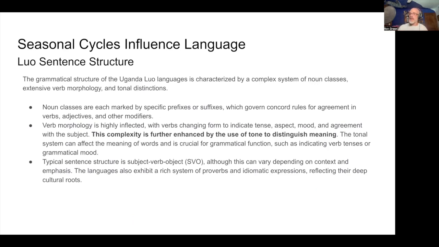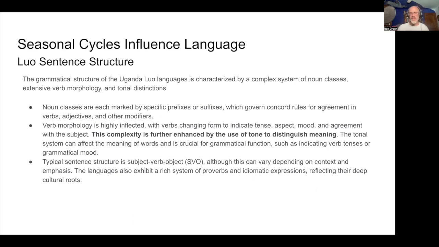Part of my research, and we're going to discuss this more intensively in our live session, but the grammatical structure of Luo is characterized by a complex system of noun classes, extensive verb morphology, and tonal distinctions.